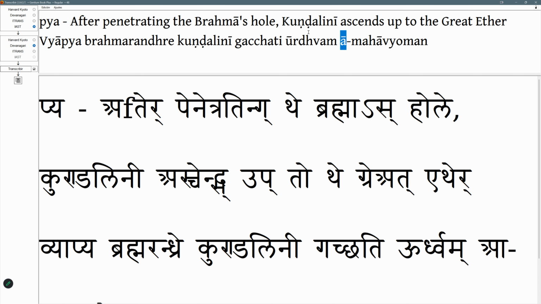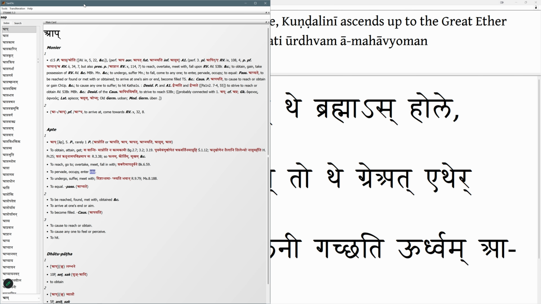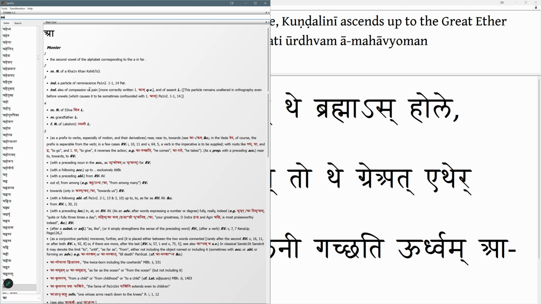But if I put up to, like a, I had to decline. You can tell me, Guruji, what are you saying? What are you speaking about? ¿De qué está hablando, Guruji? This, they say that a particle as a prefix to verbs indicating near, towards, up to, there, up to, with the following accusative.